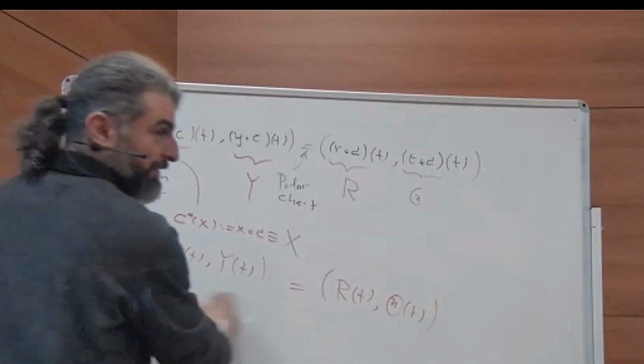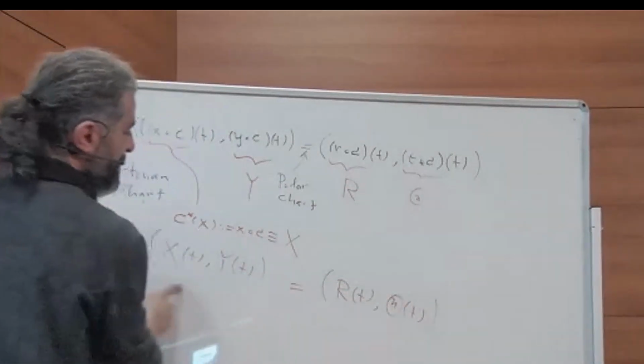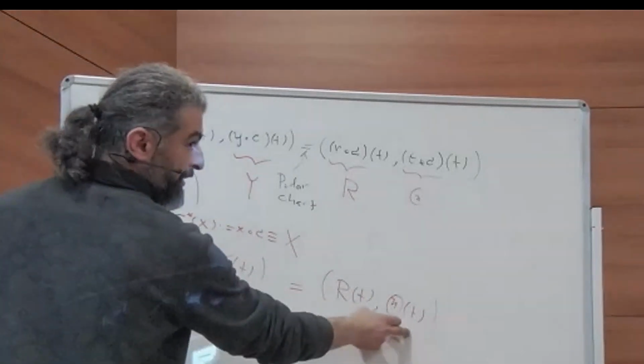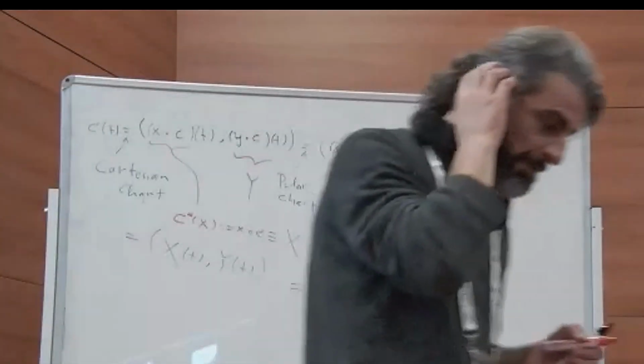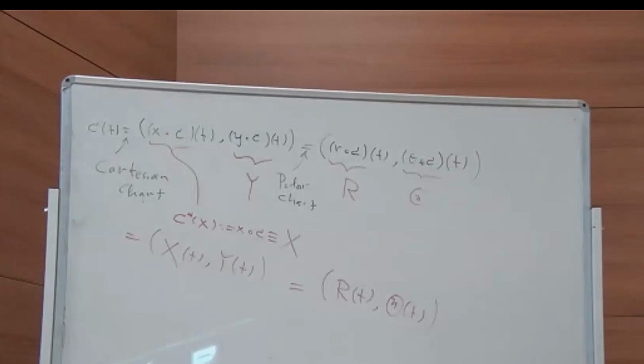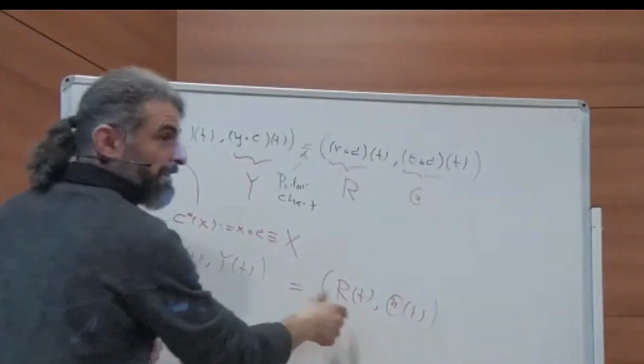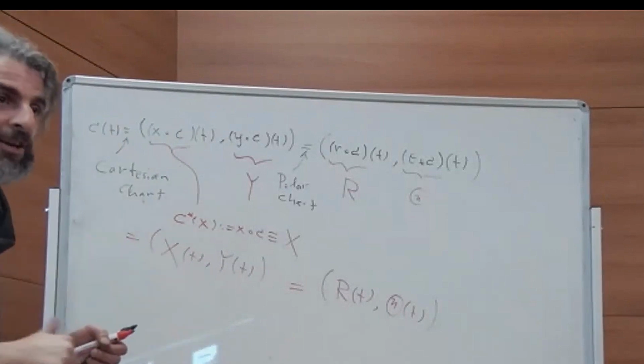So these are the positions in one chart, and it's represented in another chart, as Dr. Özgür taught you previously. You have two charts, they have an intersection.